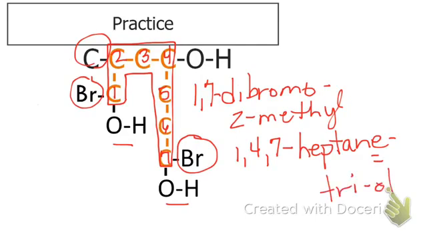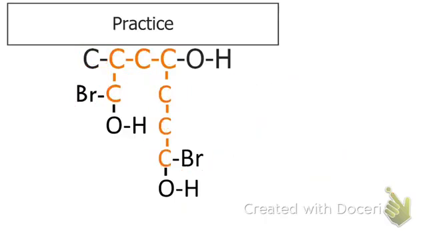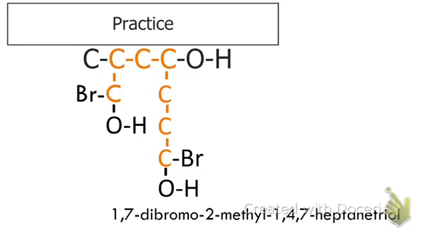So this looks like 1,7-dibromo, 2-methyl, 1,4,7-heptane triol. So let's check ourselves. 1,7-dibromo, 2-methyl, 1,4,7-heptane triol. Good job. Okay, so we've named this correctly.